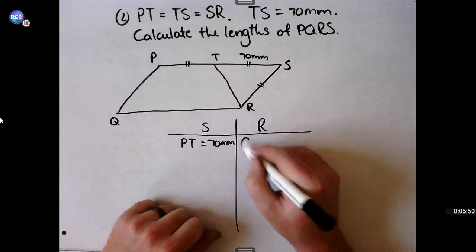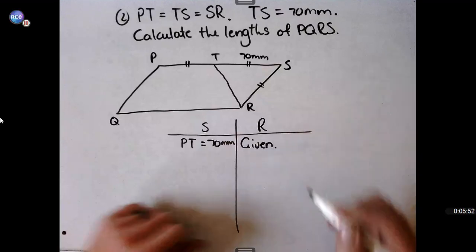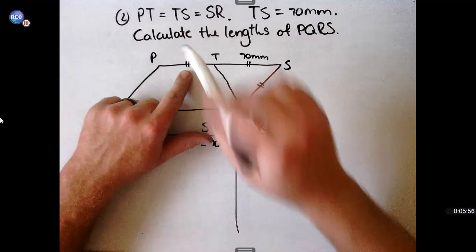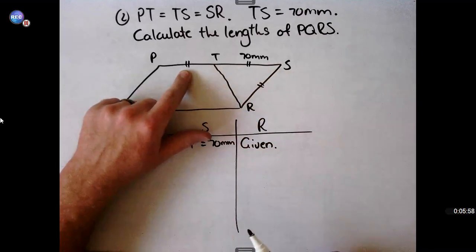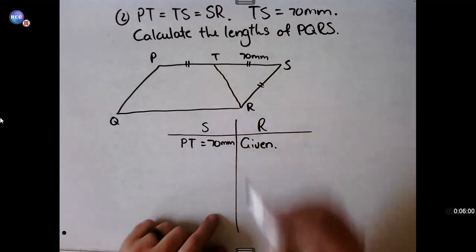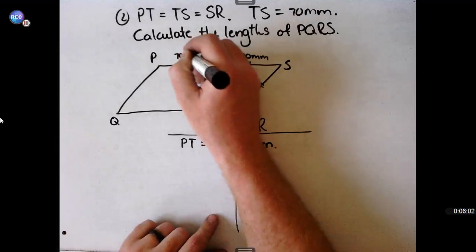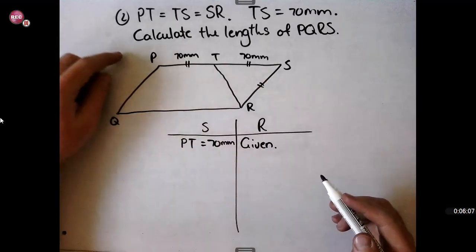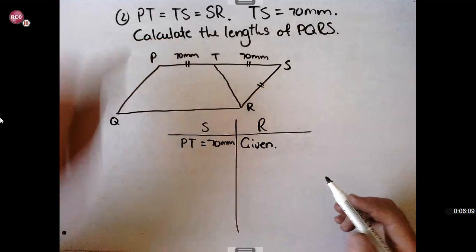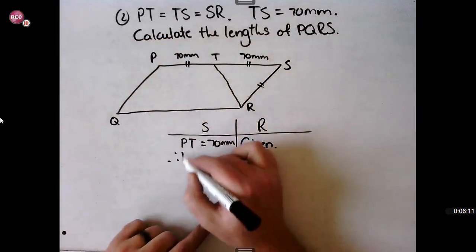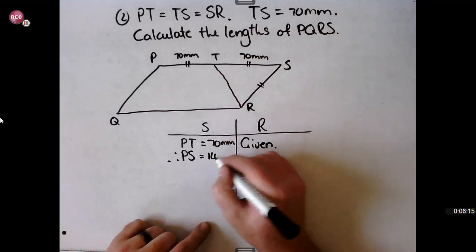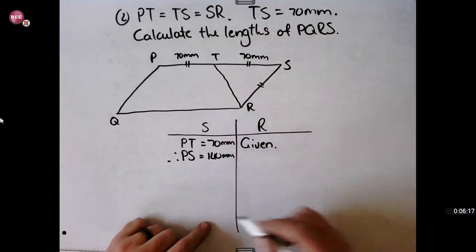And your reason there would be that it's given, because they told you in the question that these ones are equal to one another. Okay? Then the next statement, so now you know that this is also 70 millimeters. Then the next one that you can do is you can say that side PS, which is this whole side there, is equal to 140 millimeters.